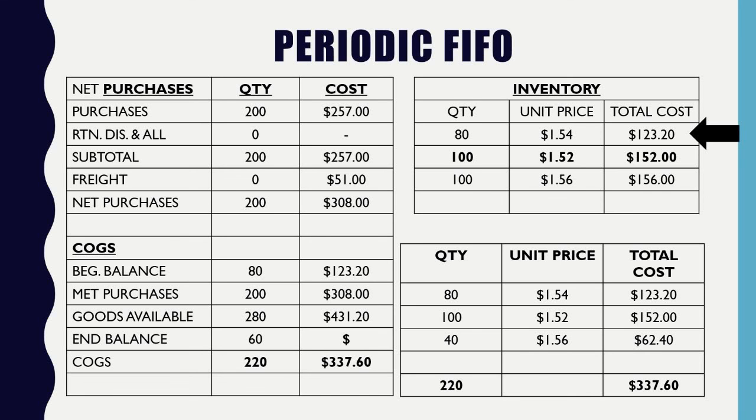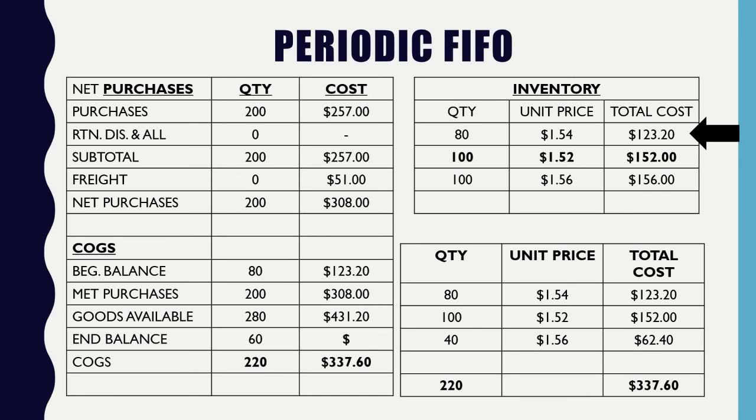We're still following the same guidelines and rules for FIFO, meaning we still sell our first batches first. In this case, because I have leftover inventory from the previous scenario, that automatically becomes my very first batch.